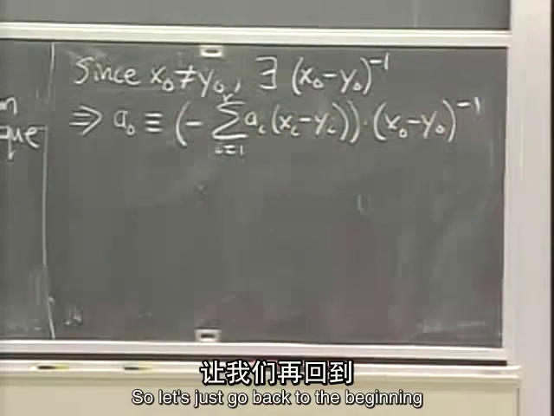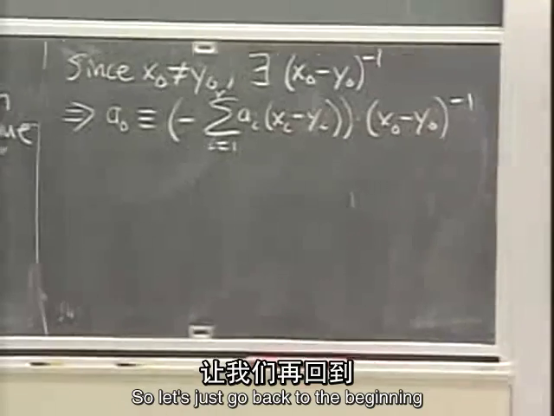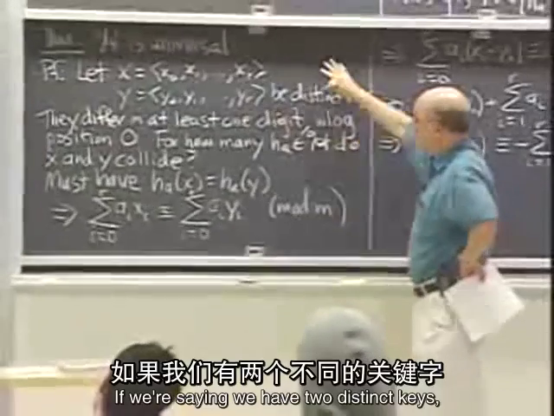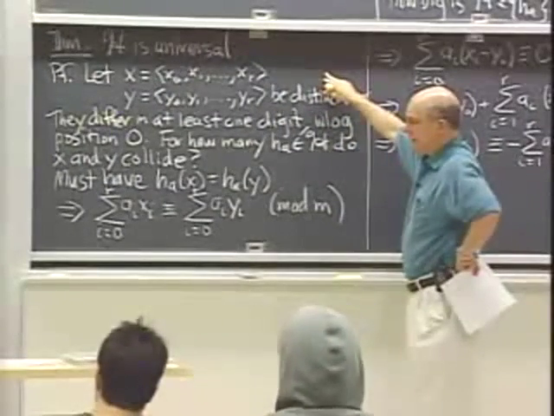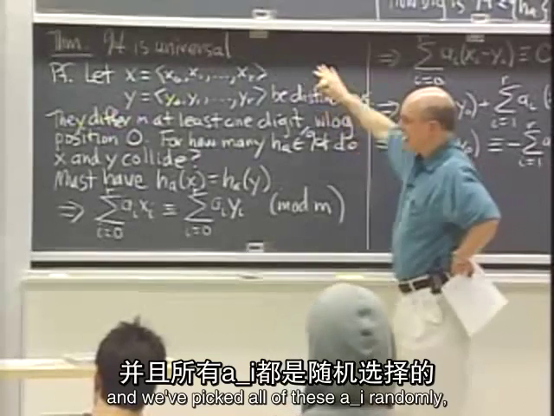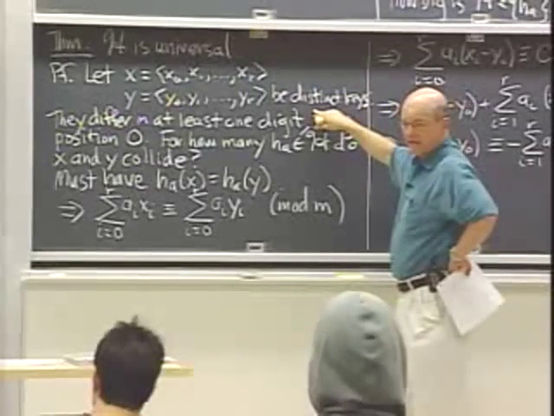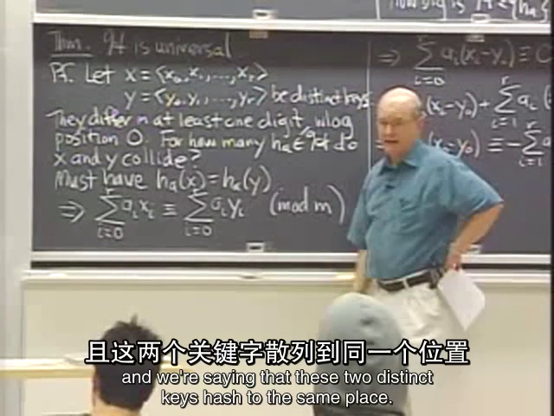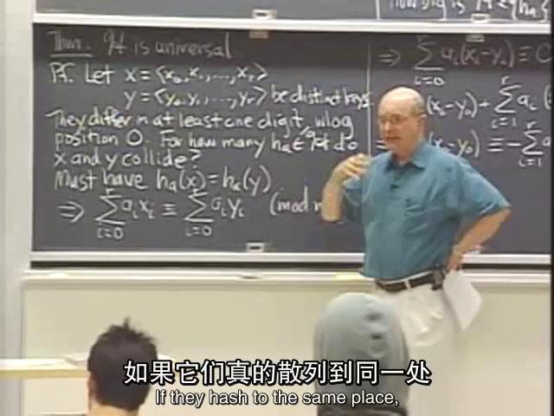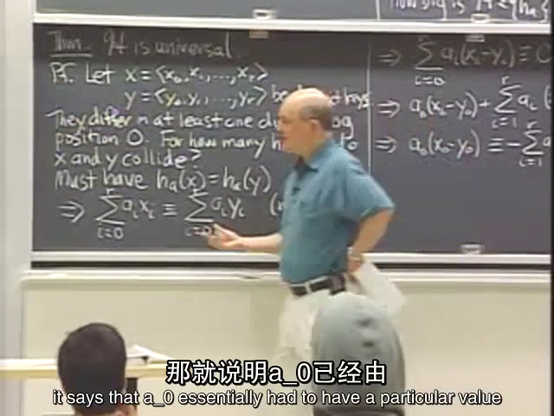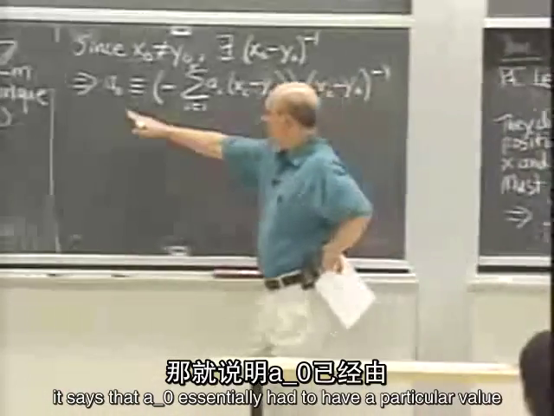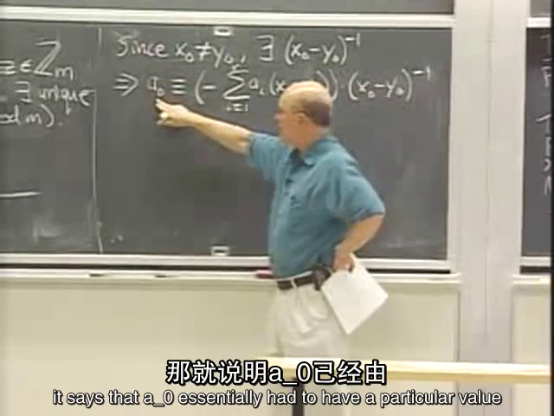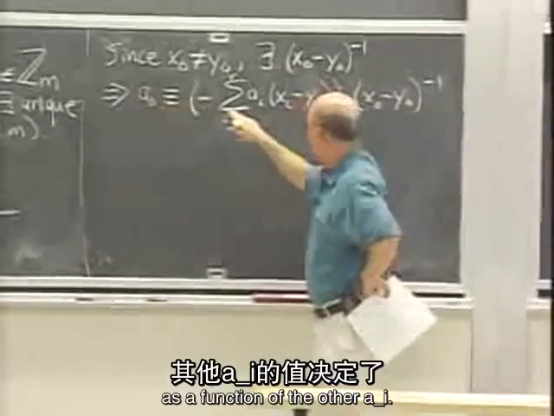Let's go back to the beginning of our proof and see what we've derived. We have two distinct keys, and we've picked all of these ai randomly, and these two distinct keys hash to the same place. If they hash to the same place, a0 essentially had to have a particular value as a function of the other ai.